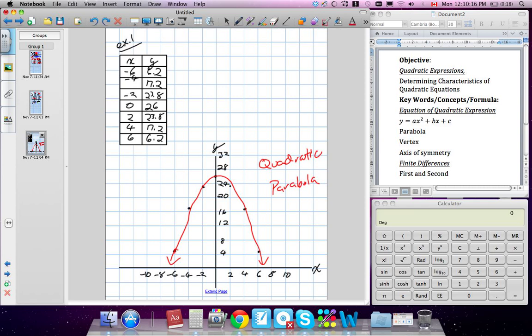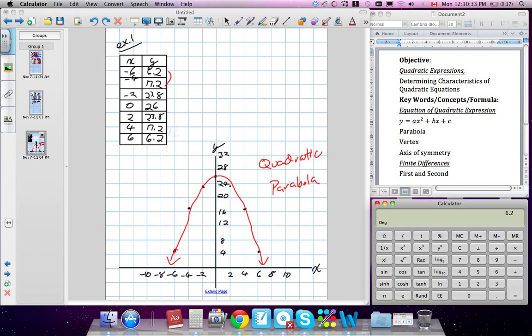So I'm going to be subtracting the differences between the y values. Okay? So we're going to set up each pair and subtract one from the other. So our first set, I'm doing 6.2, subtract 17.2. I get negative 11.